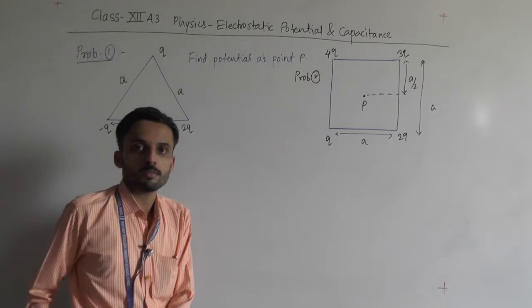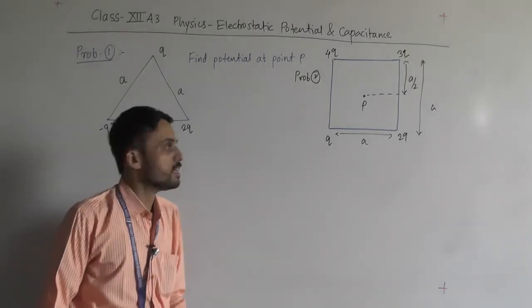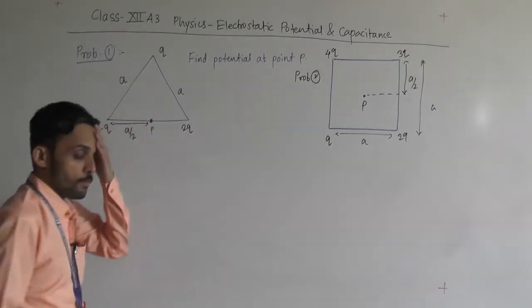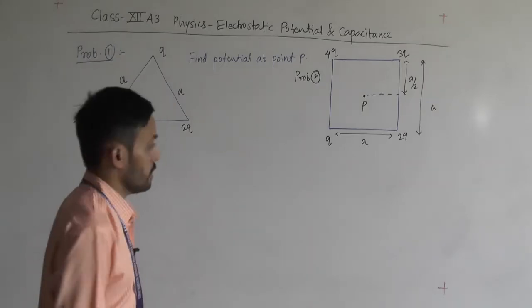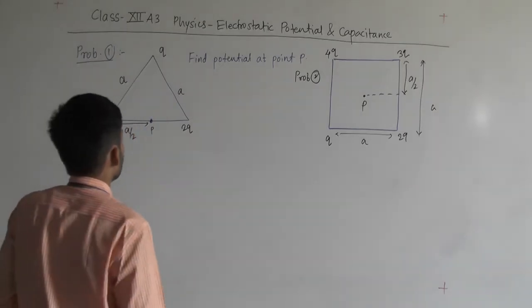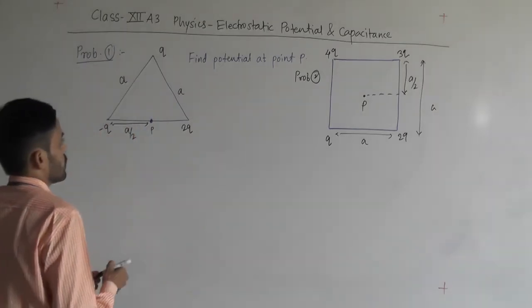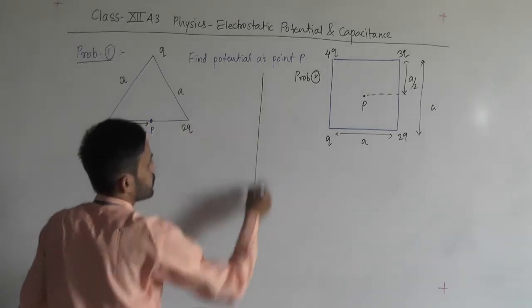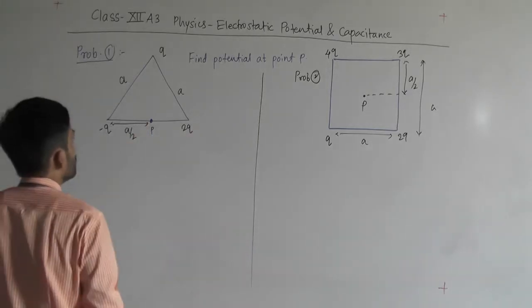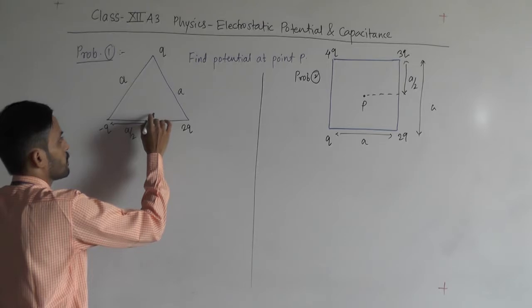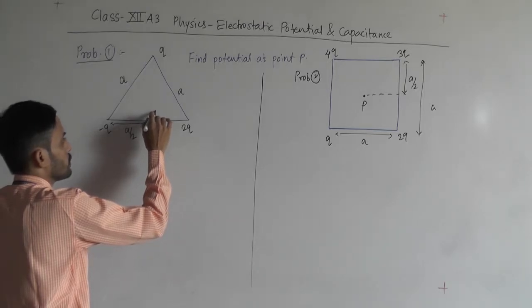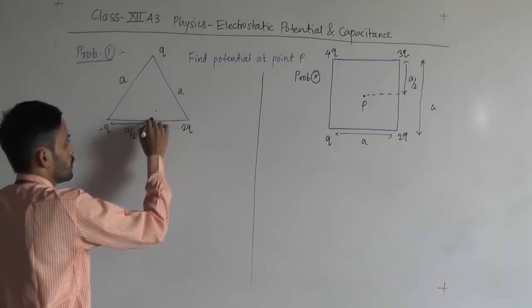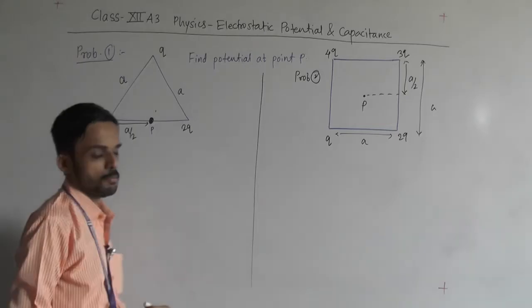Whatever you write about the potential energy, the same thing we can go for the potential at point P. So first of all, consider a unit positive charge kept at P.